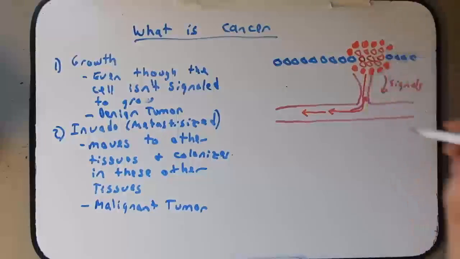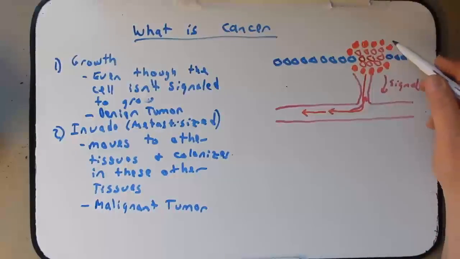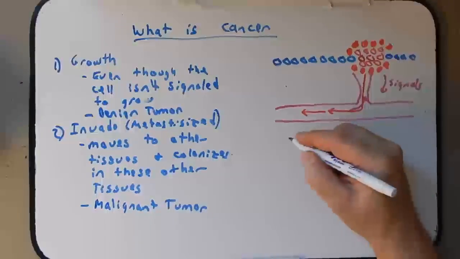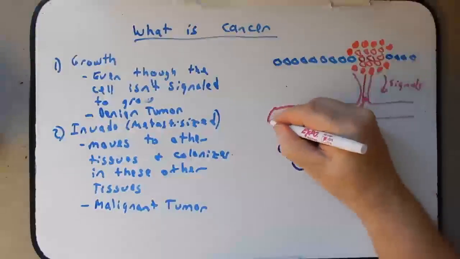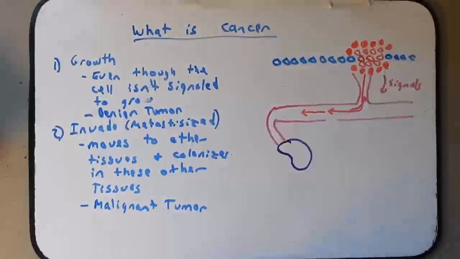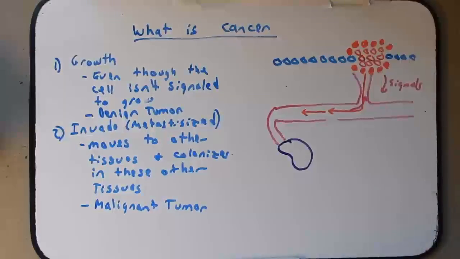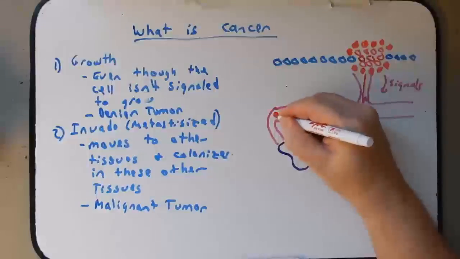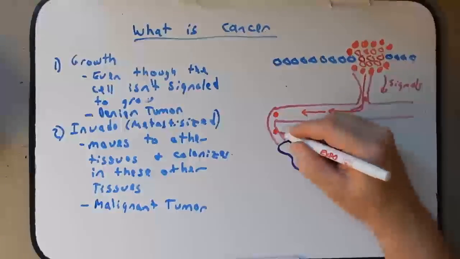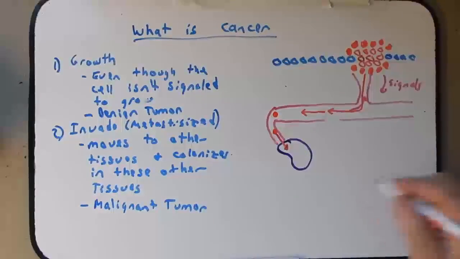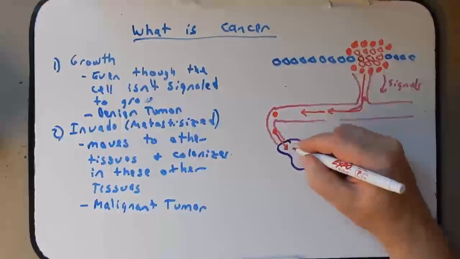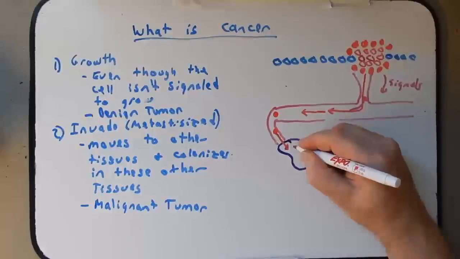So let's say this started off as a tumor on the skin, and now maybe it's going to move to the liver. And the liver receives a nice steady supply of blood, and so it's not surprising that at some point this malignant tumor or malignant cell will find its way to the liver or another organ. But in this case, it's the liver.